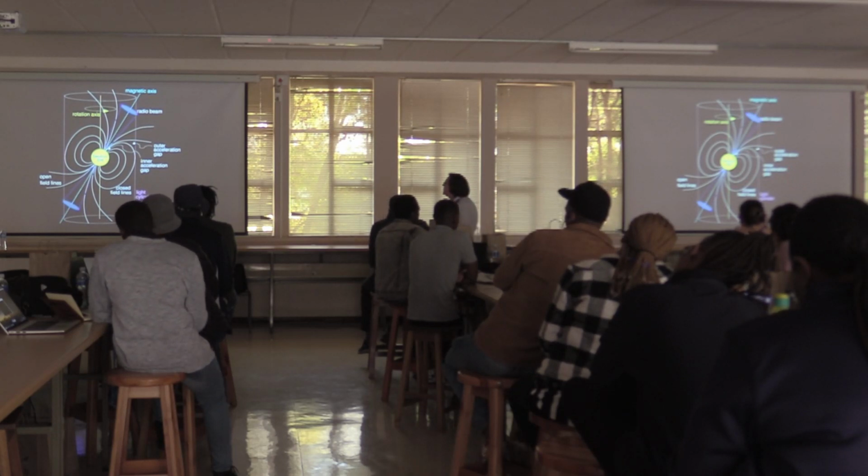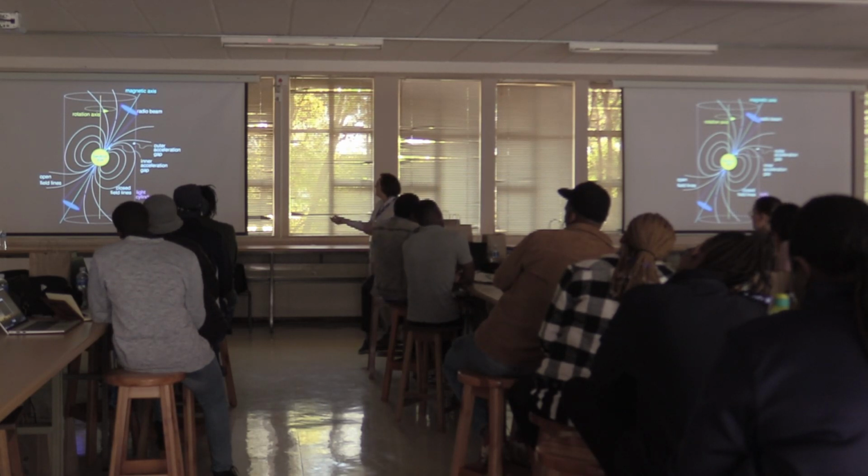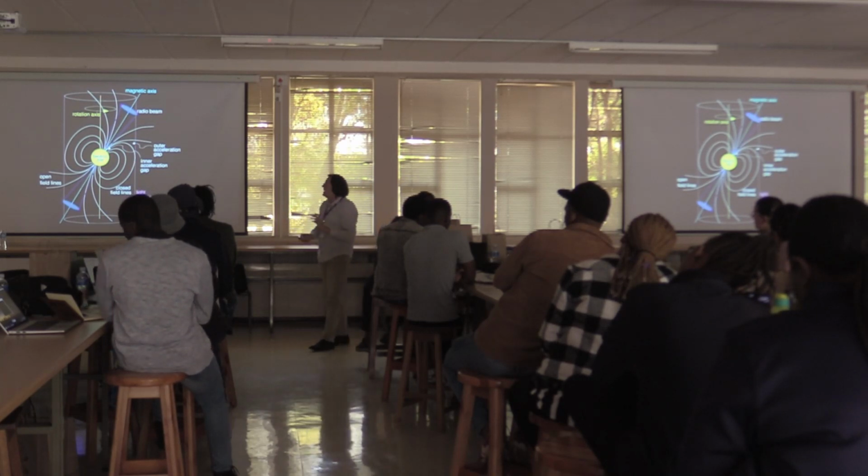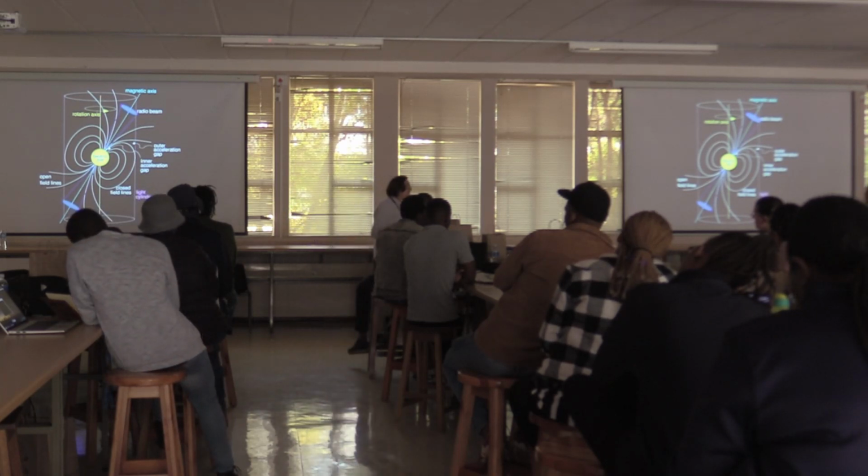So we have a neutron star in the center, surrounded by this magnetic field, shown by these lines, and the rotation of the magnetic field together with the pulsar induces an electric field.